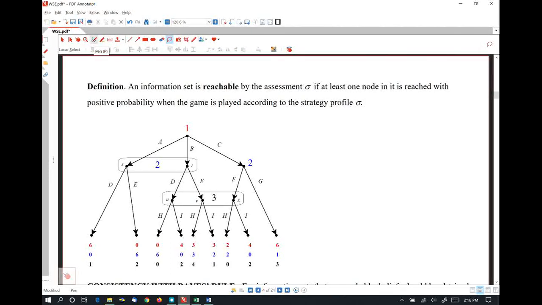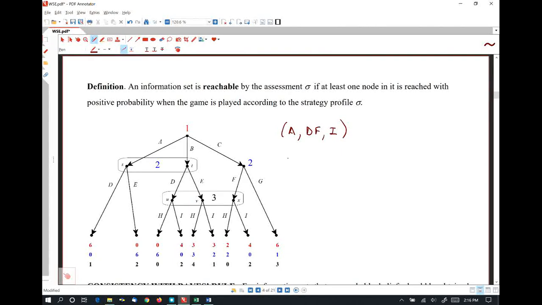Now it's a pure strategy, so I can write it as A, D, F, and I, for example, right?